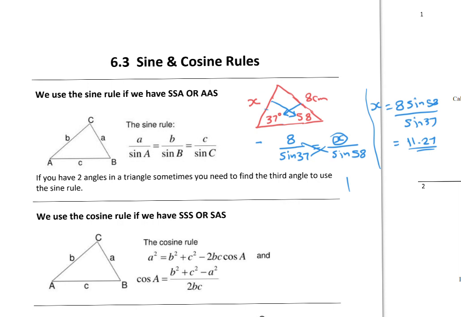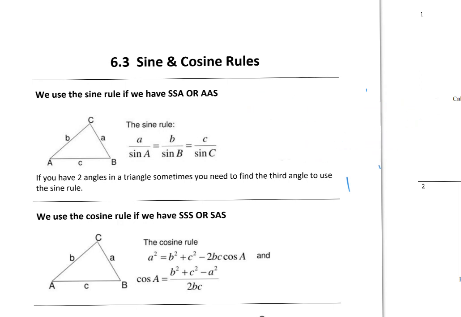Okay. Sometimes in this case, if you have two angles and one side, you need to find the third angle to use the sine rule. I'll give you an example. Wait one minute. We have a triangle like this one.